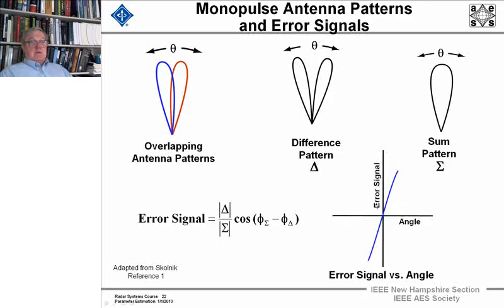And this is what the error signal looks like for a typical single target that's within the beamwidth of the sum beam. Okay, it's just about linear when you're within the 3 dB beamwidth. It's very linear.